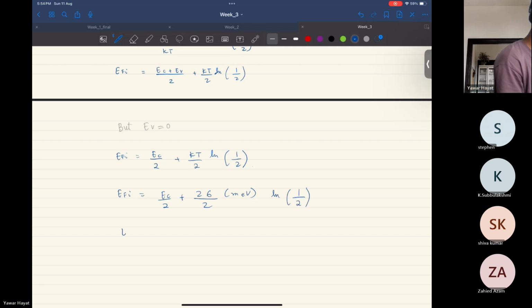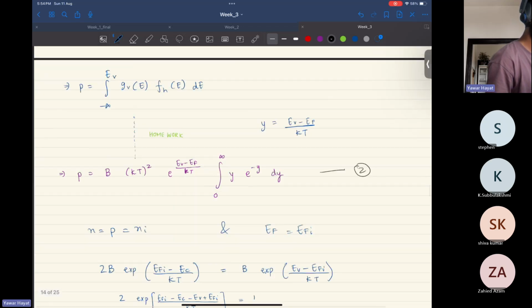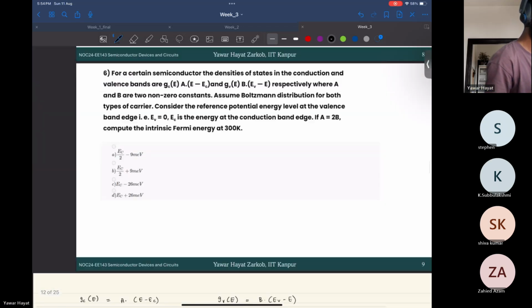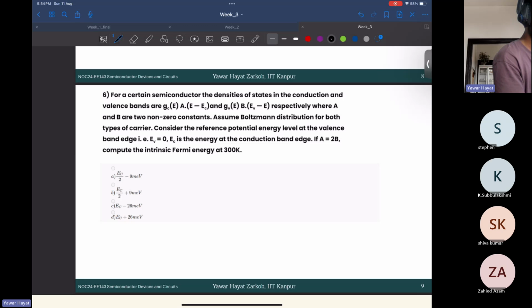And your EFi is equal to EC over 2 minus, this would be 9.01 milli electron volt, right? So which option is correct? It's option A, right? So option A is correct.